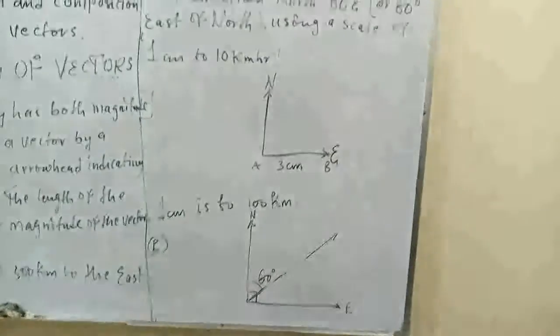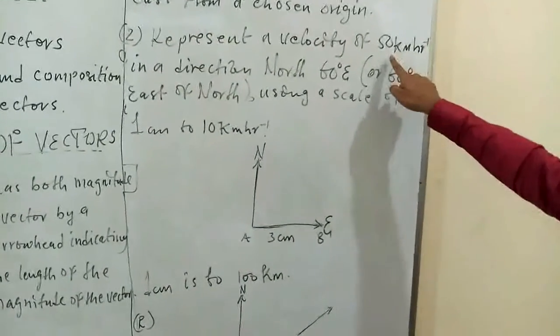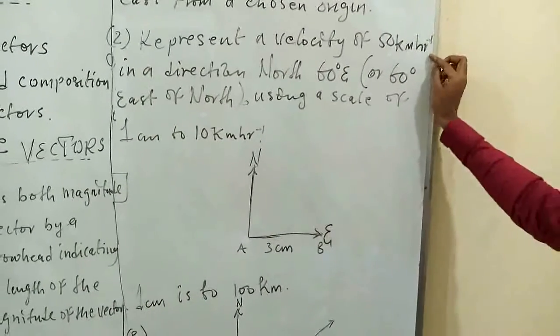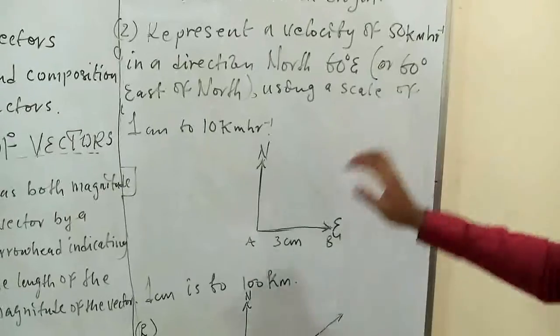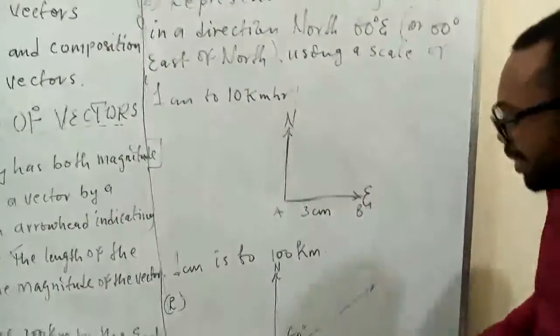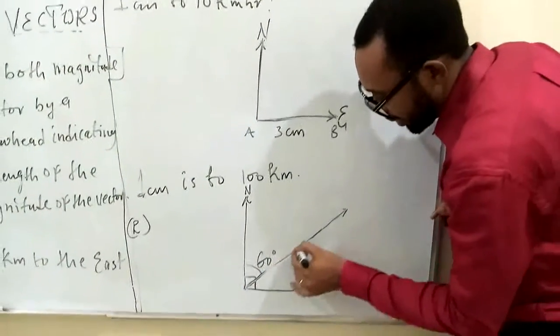Now, if you look at the question, the magnitude is 50 kilometers per hour, and we have been given a scale of 1 centimeter to represent 10 kilometers. So what length should I have here? If you have your ruler, you can draw it.